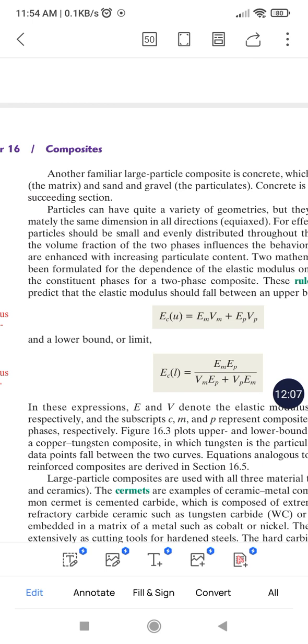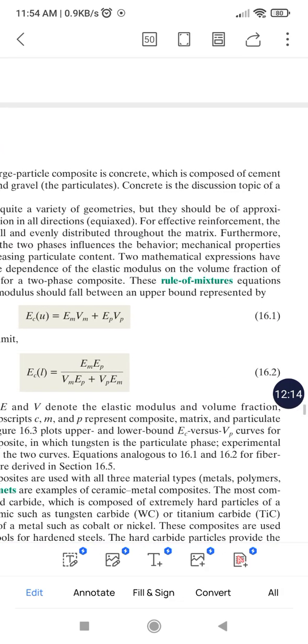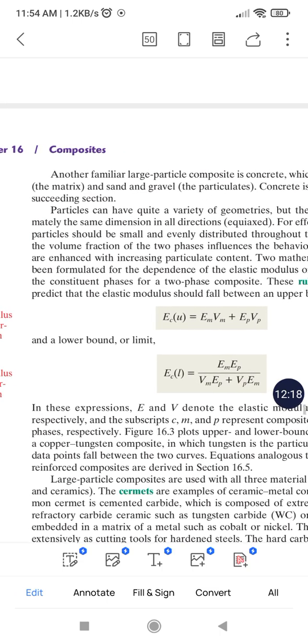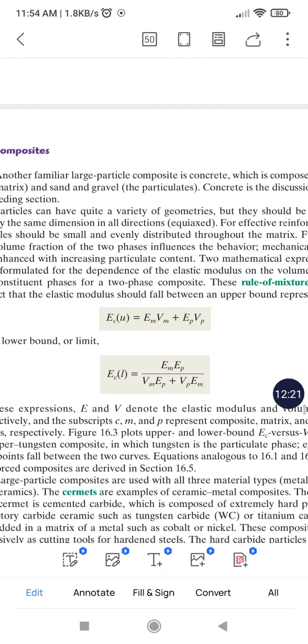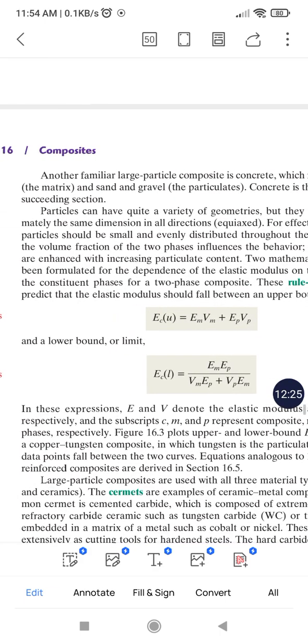Ec is the elastic modulus. E and V denote the elastic modulus and volume fraction respectively, and the subscripts c, m and p represent composite, matrix and particulate phases respectively.